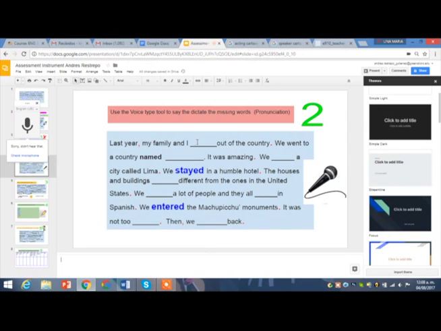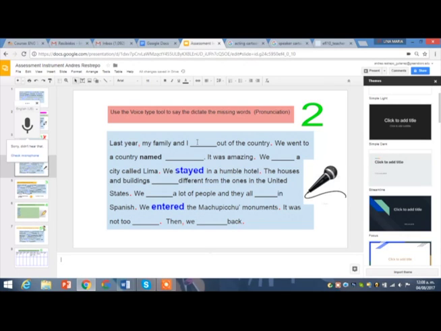If they pronounce the word correctly, they're going to get the word correctly there as well. This is very helpful for us to practice pronunciation and other things.